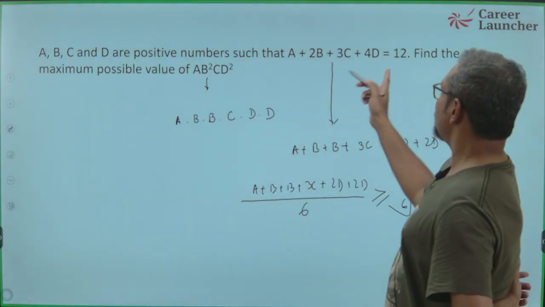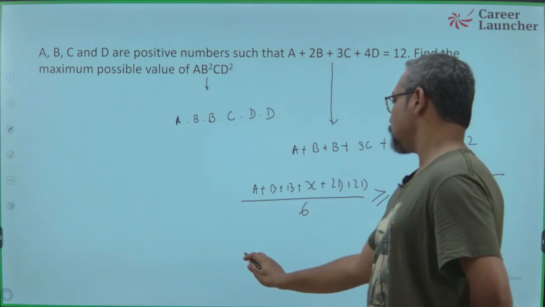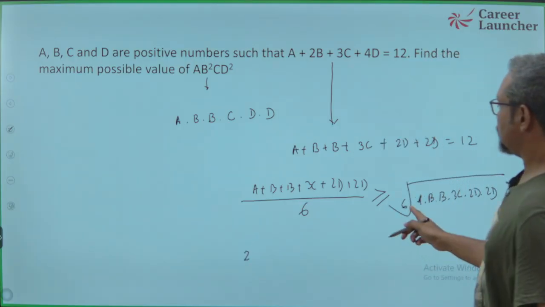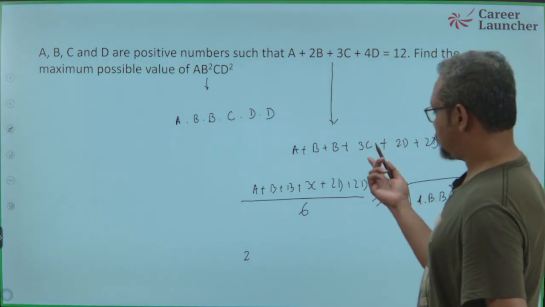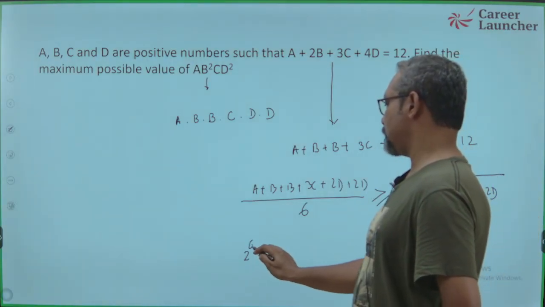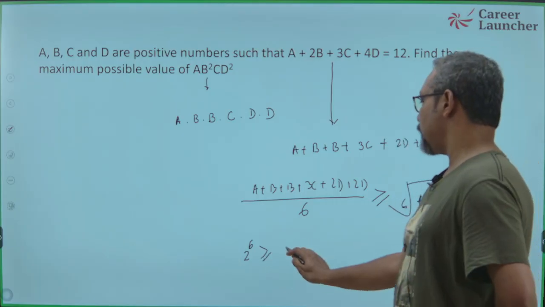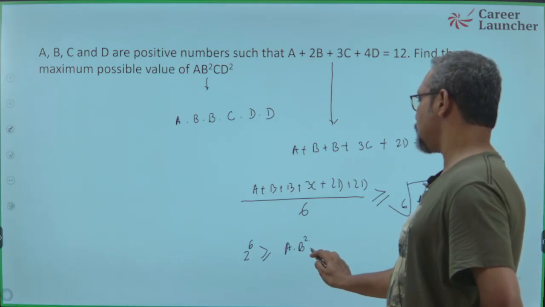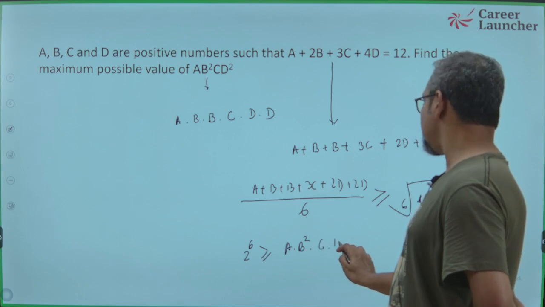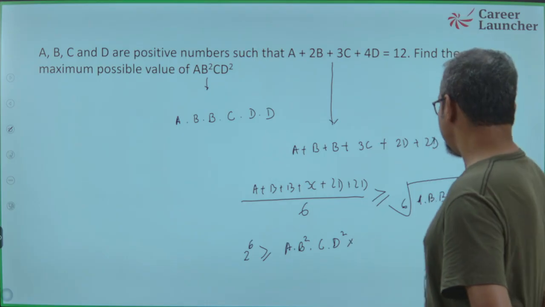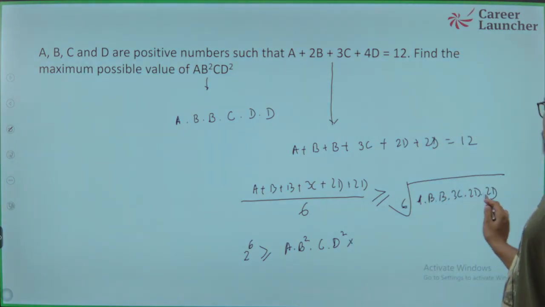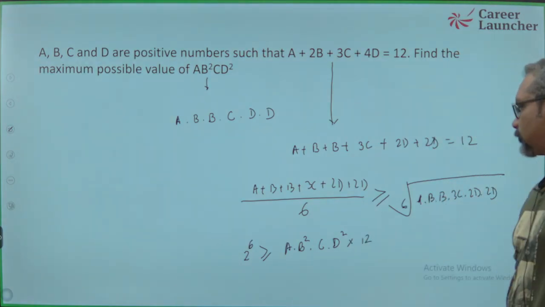This sum we know is 12. So 12 by 6 is 2. So we have 2, and this is the sixth root. So we take 2 to the power of 6 on both sides. So 2 to the power 6 is greater than or equal to a times b squared times c times d squared multiplied with 3 times 2 is 6, times 2 is 12. That's what we have.